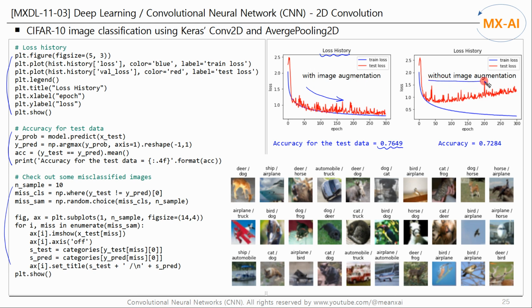Without image augmentation, the loss changes are as follows. You can see that overfitting is occurring. Let's check the misclassified images. The first image is actually a deer, but was misclassified as a dog.